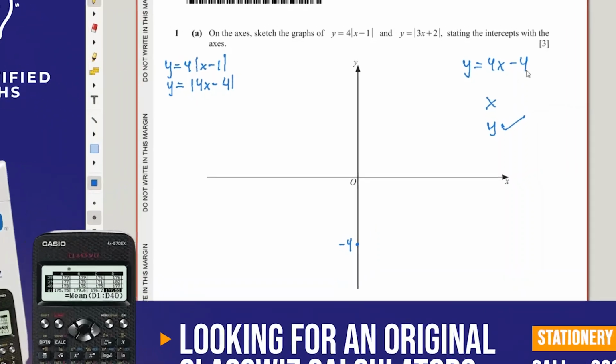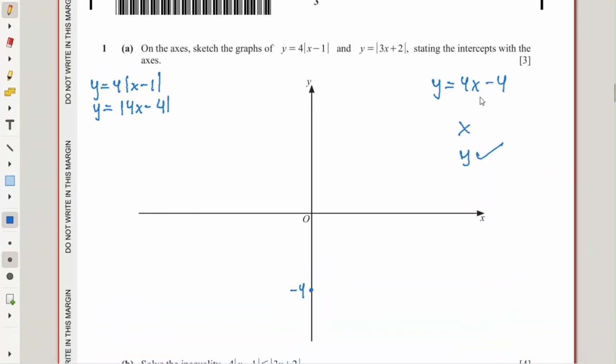Now the x. If you find the x-intercept, you can say that at the x-intercept y is equal to 0. You could have used the same thing to find the value of y. So at x, y is equal to what? 0. All right, so I will have this one come here.